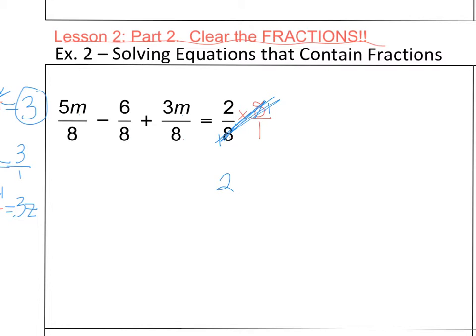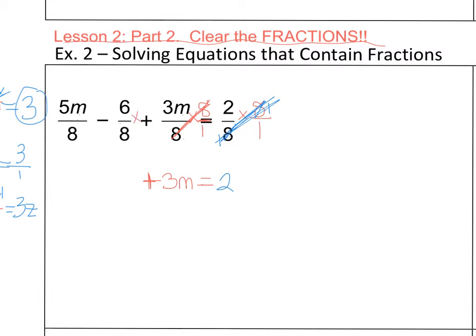So if I multiply by my denominator, I lose everything but my numerator. So why don't I go ahead and do that all the way across? I'm going to multiply every single term by the same number. That's really important. If I multiply one term by 8, I have to multiply every single term by 8. So I'm going to multiply this by 8 so they will cross divide, bringing down my 3m, and bring down any symbols that are here to separate our terms.